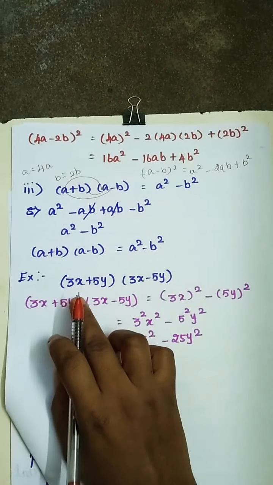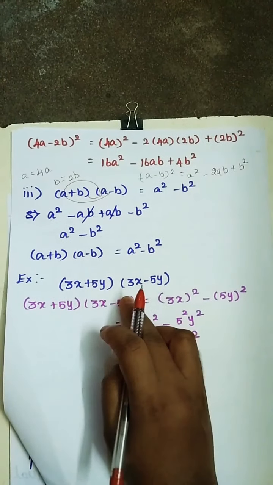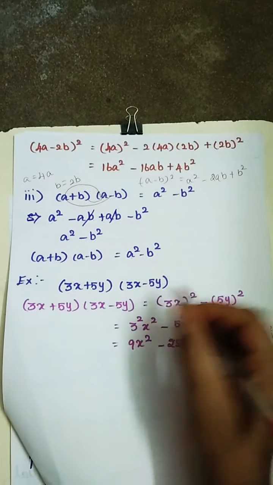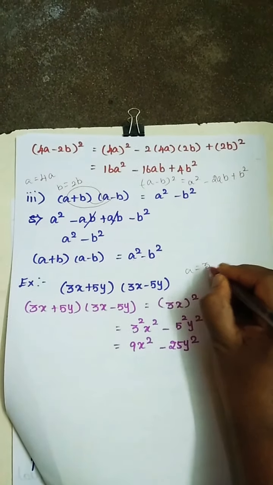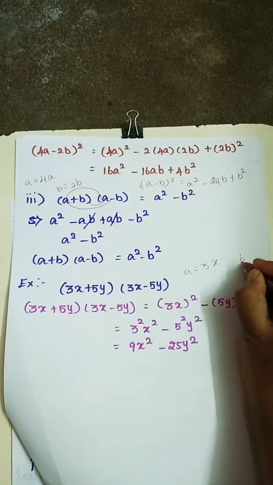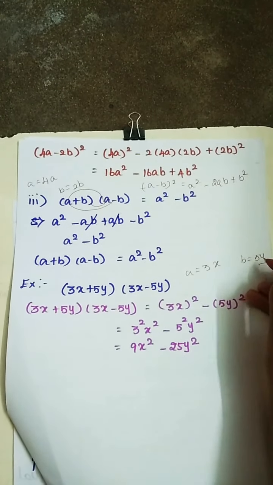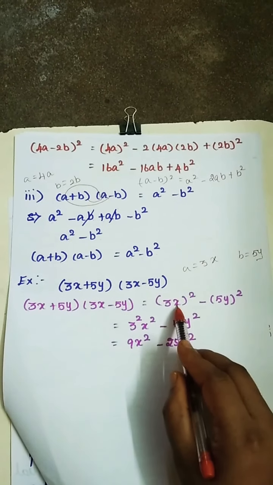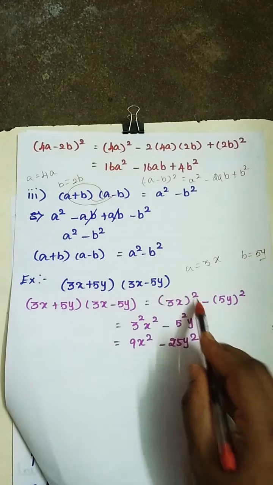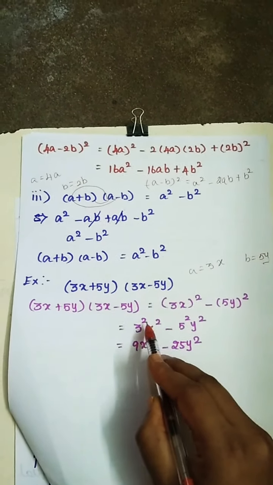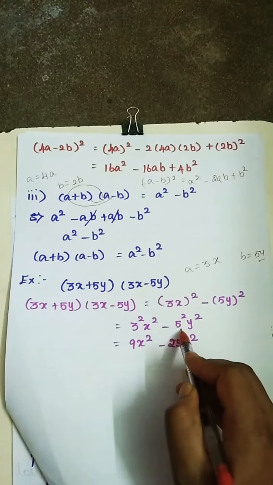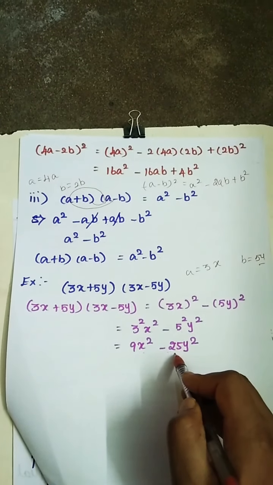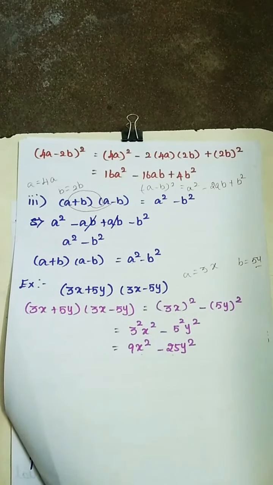For example, (3x plus 5y)(3x minus 5y). a equals 3x, b equals 5y. Substitute in the formula a square minus b square: (3x) the whole square minus (5y) the whole square. 3 square x square minus 5 square y square. 3 3s are 9 x square minus 5 5s are 25 y square.